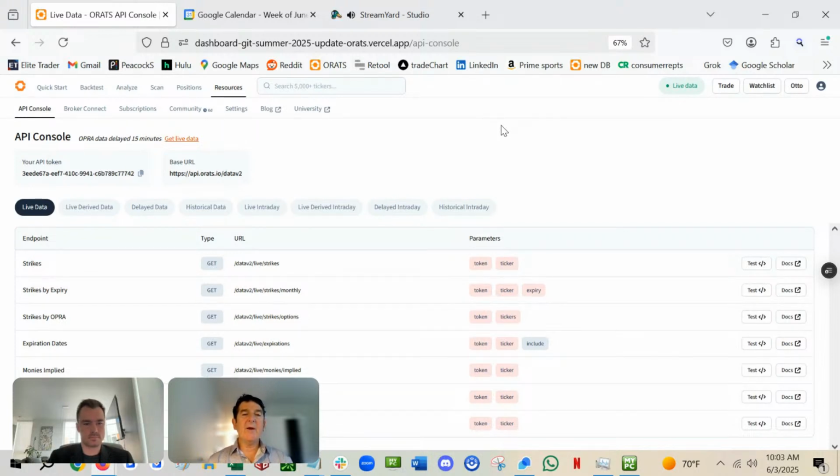But first, this is going to be our new look. And under resources, we have an API console that goes through all the different ways that you could access data. And there's a lot of different ways because there's a lot of different needs out there.